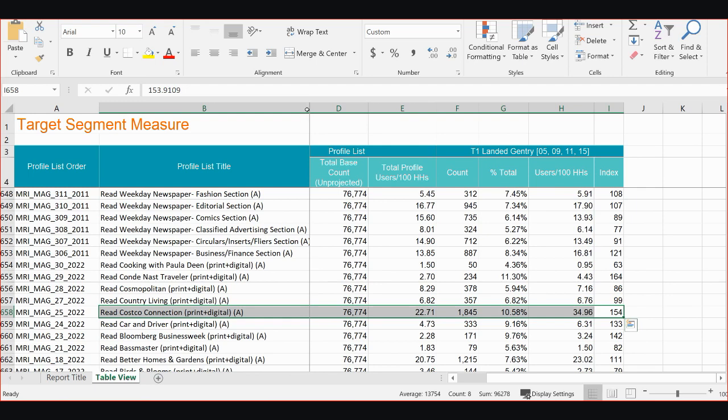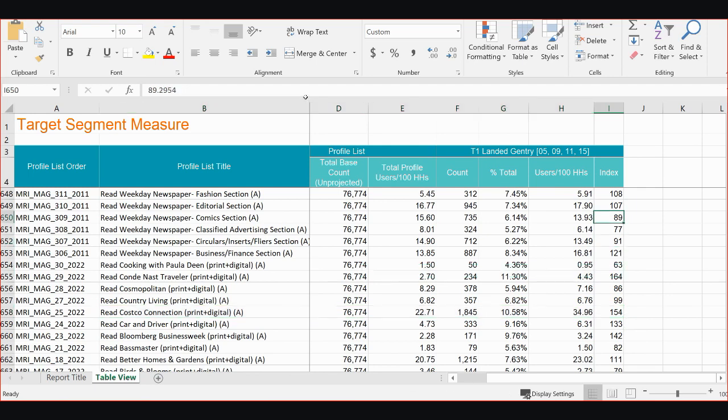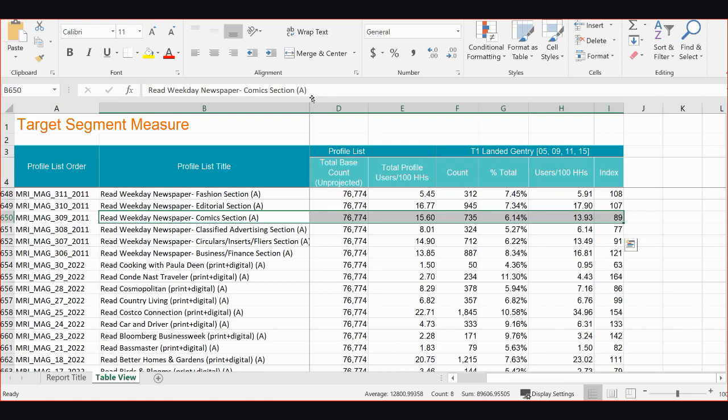Okay, so now we're going to look at what about numbers below 100? Well, usually if the number is below 100, it means that they're less likely than the average American to engage in that behavior. And this behavior is reading the weekday comics section. So landed gentry are 11%, right?